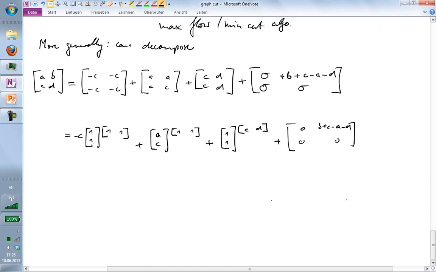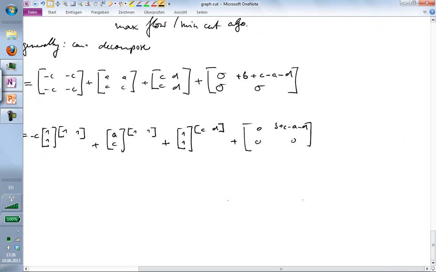And I can draw the associated graph. So source, Vi, Vj, and sink.